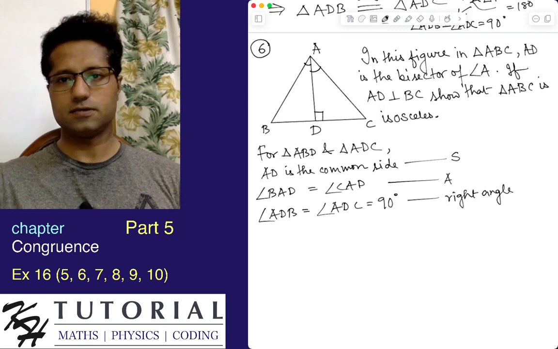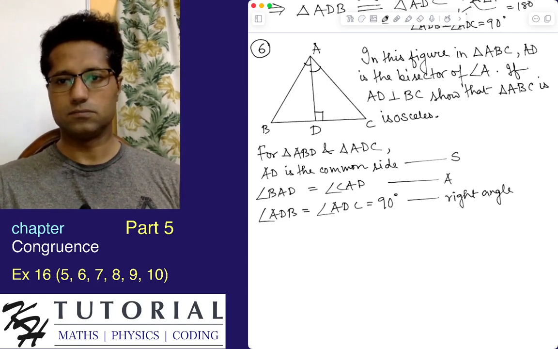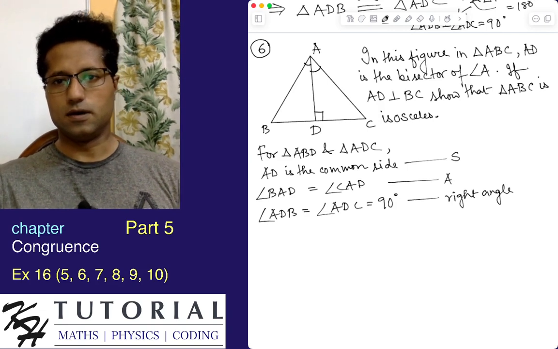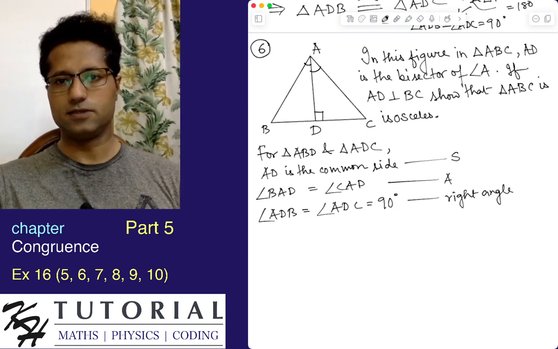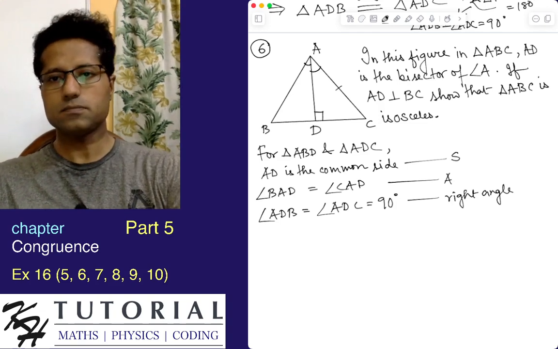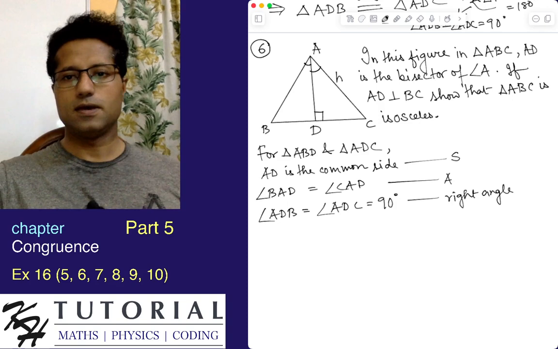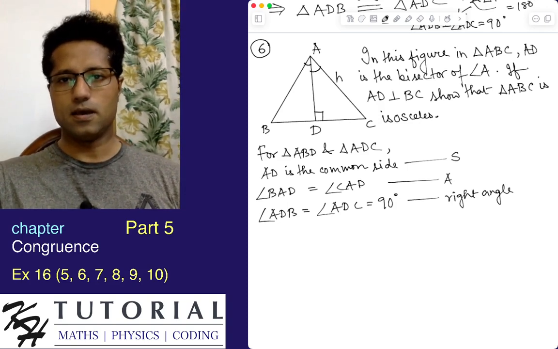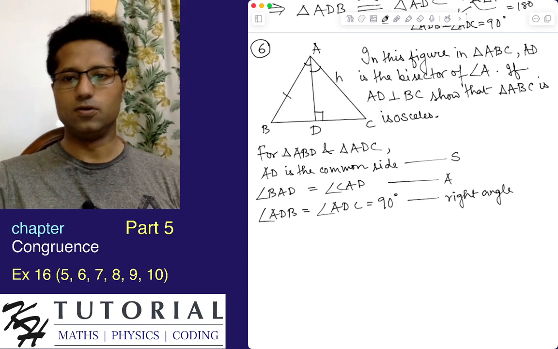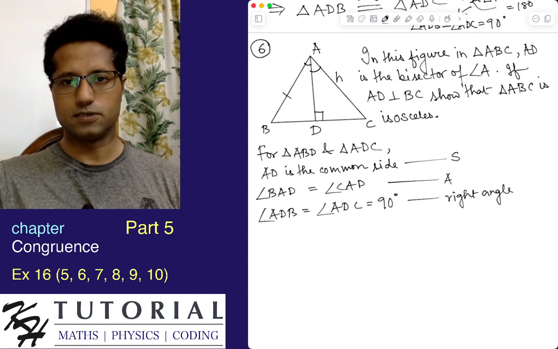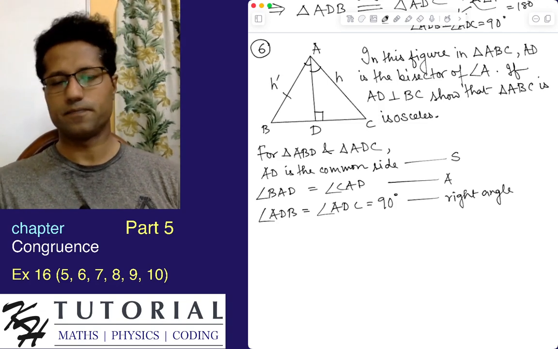Now, sorry, we cannot use RHS yet, because the hypotenuse in the triangle ADC is this, and for triangle ABD, the hypotenuse is AB, and we do not know yet whether AB is equal to AC or not. So let's say this is H dash.